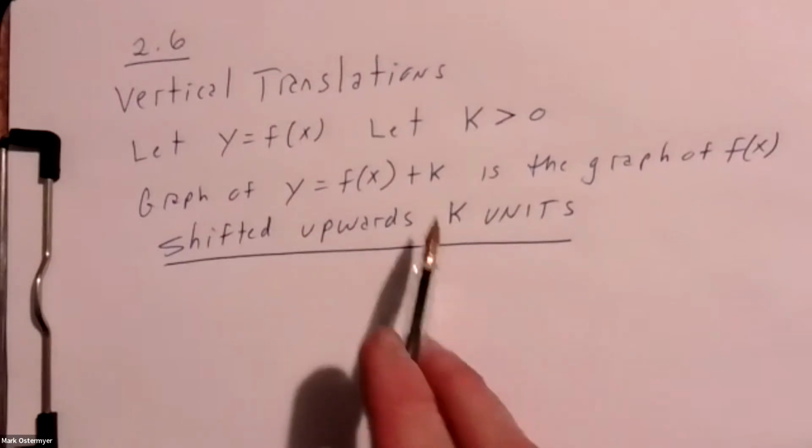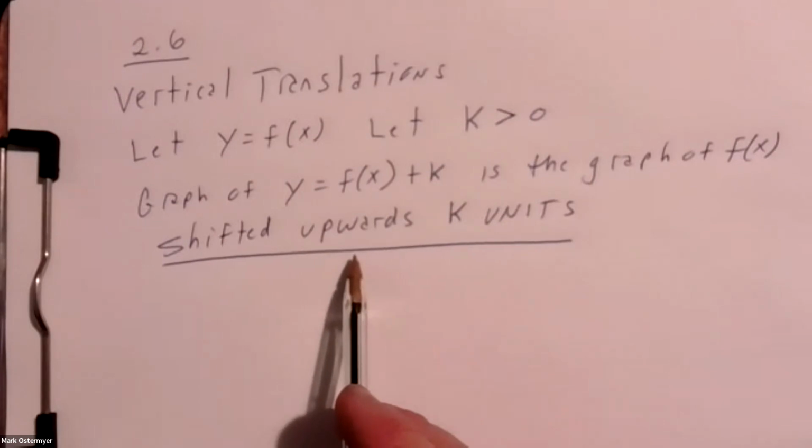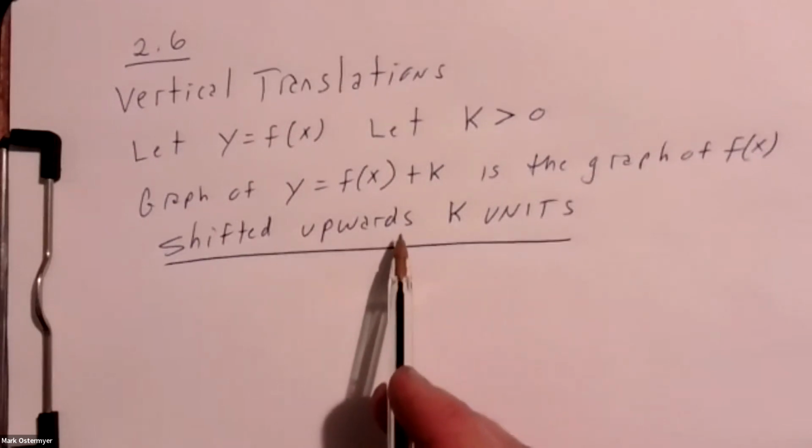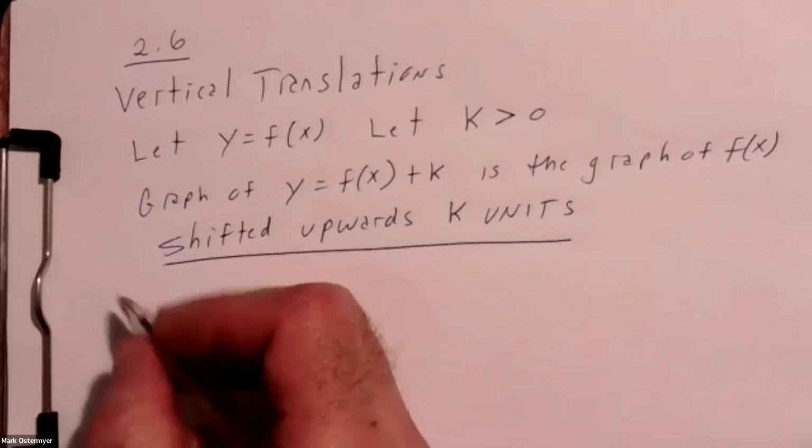So just by adding a positive real number to a function to form a new function, the graph of the new function will be the original function or the parent function shifted upwards k units.